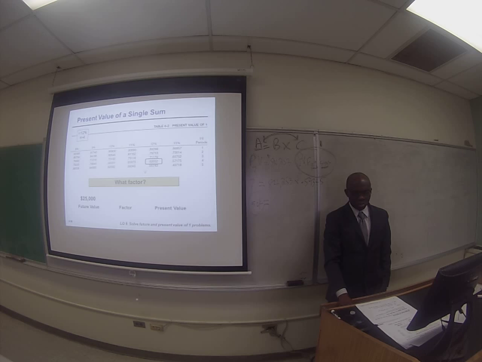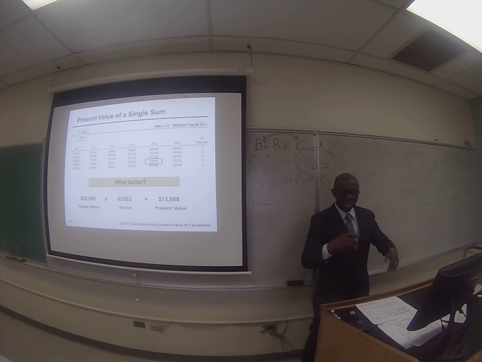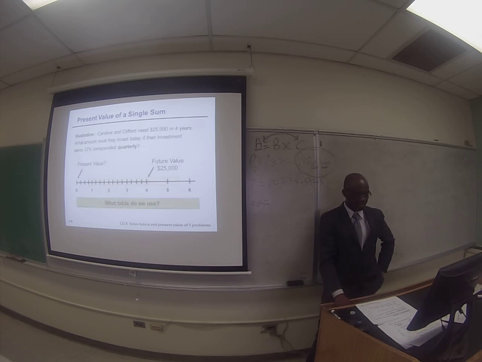It is a single sum, 0.63552. We do the math, bingo, we come up with $15,888. So the couple needs $15,888, with interest compounded annually at 12%, in order for them to come up with $25,000 in 4 years.